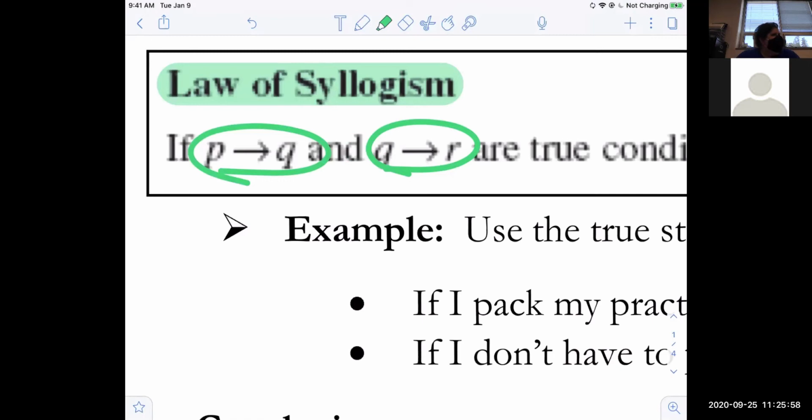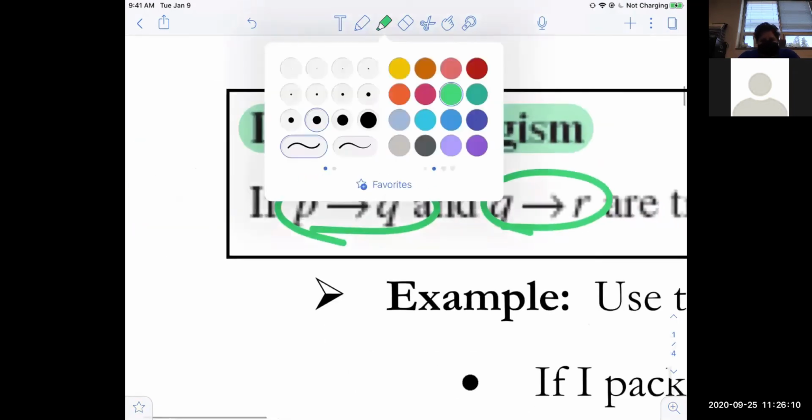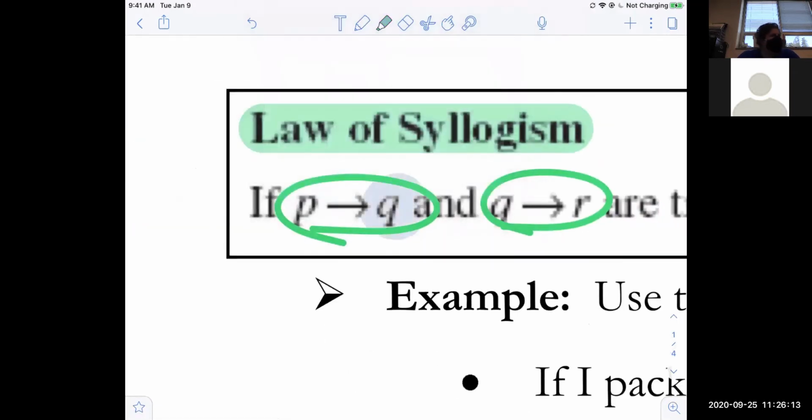Okay, because Q is the conclusion of the first sentence and the hypothesis, or the beginning, of the second sentence, it's kind of wiped out.